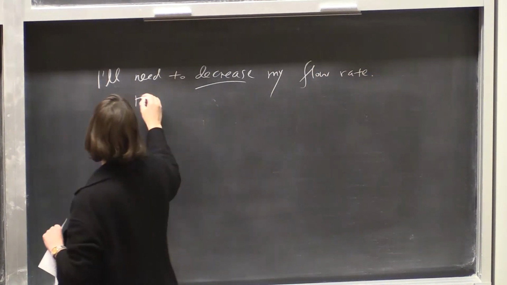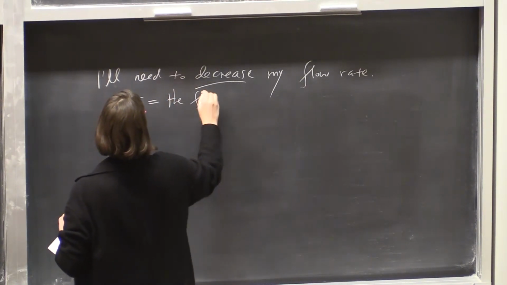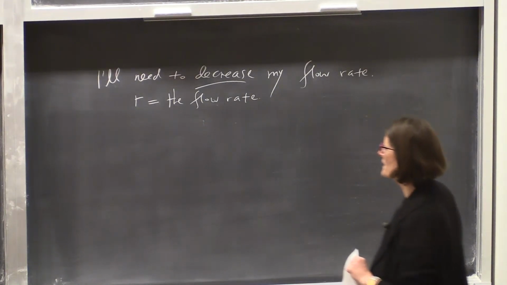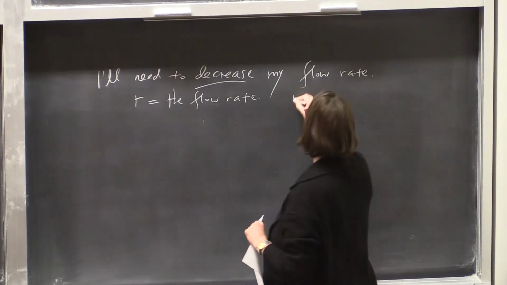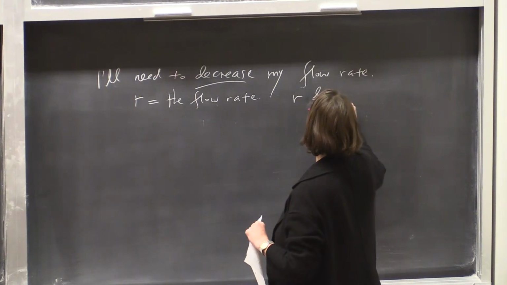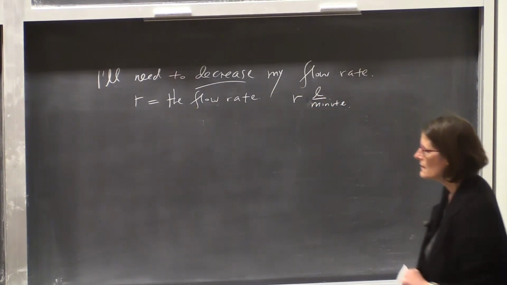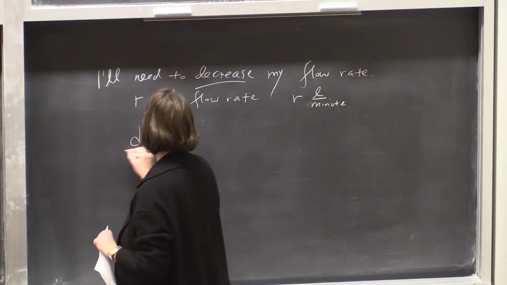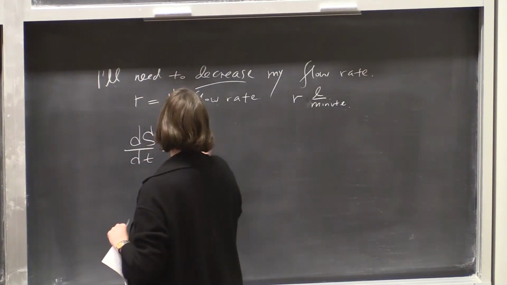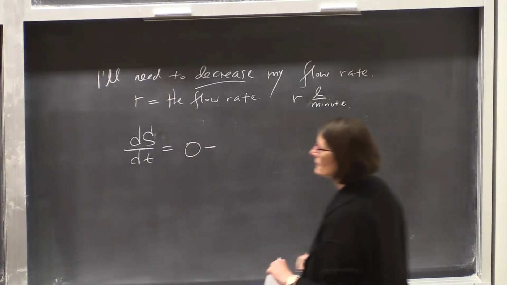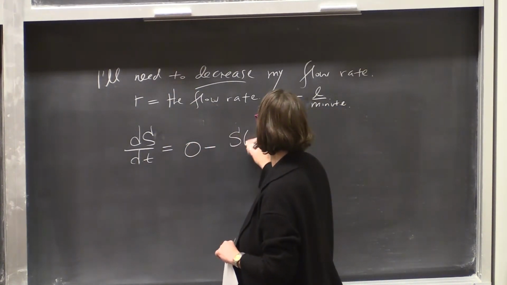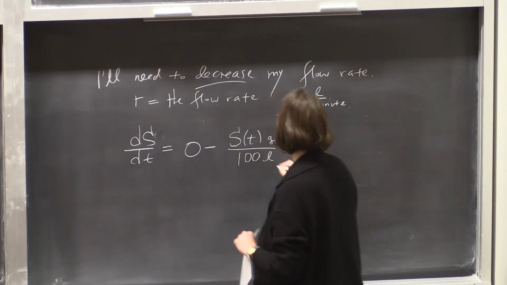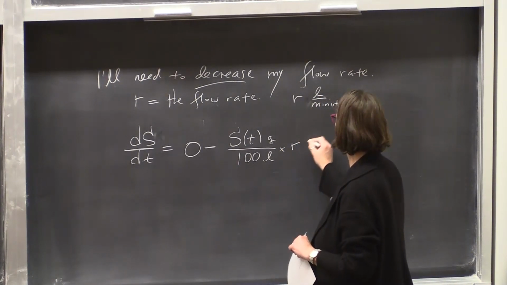Okay, so I'm going to introduce R, which is the flow rate. Before, R was 1 liter per minute. Now it's R liters per minute. I go back to my equation, and I get dS/dt is equal to 0 minus the current amount of salt divided by the volume of liquid times the flow rate.